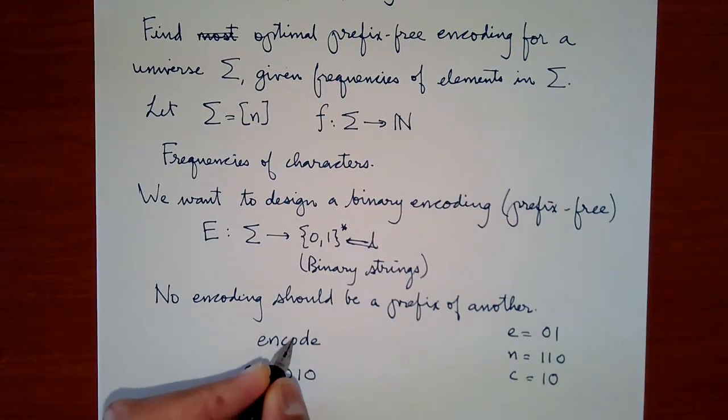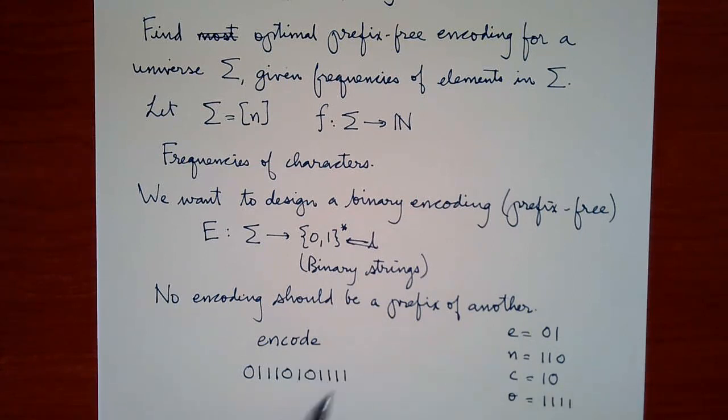O, maybe 1 1 1 1. D, which we don't want to be a prefix of anything, could be 1 1 1 0. And E is 0 1.